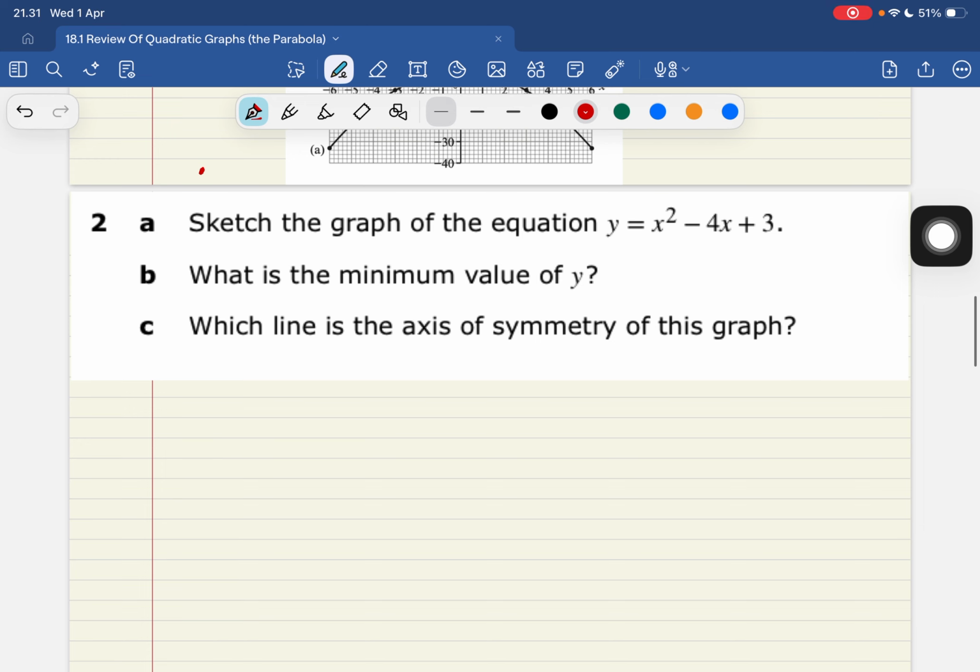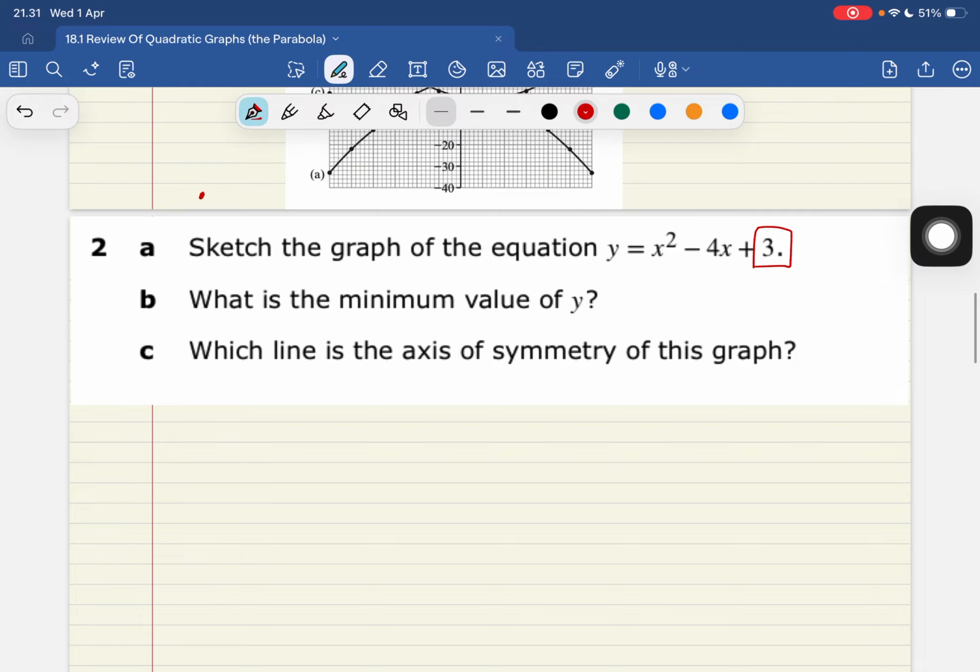Okay, we can continue to number 2. We just need to sketch. Look here, we have the y-intercept, which equals plus 3. So it will cut the y-axis at 3. Next, how about the x-intercept?